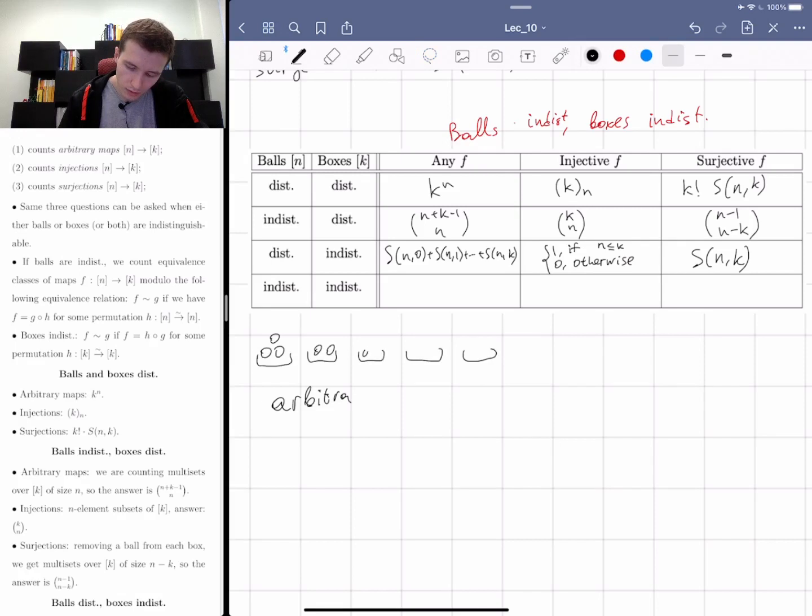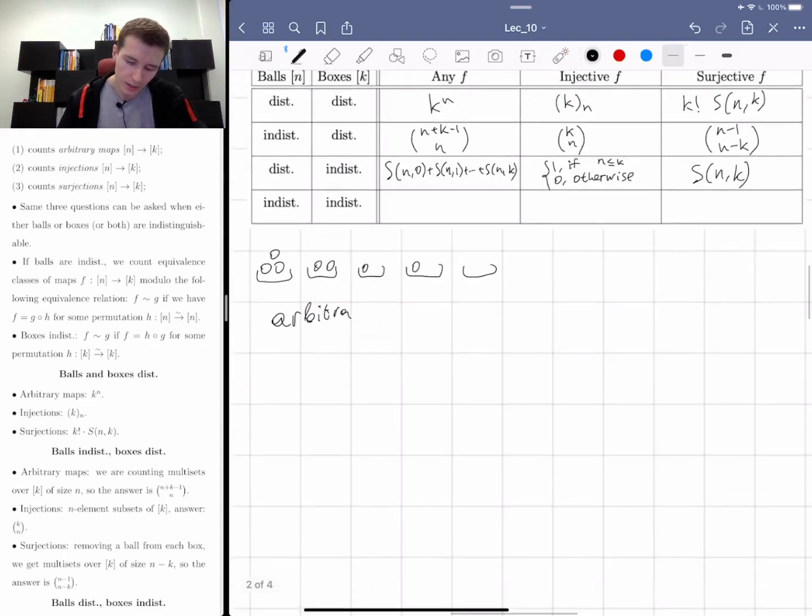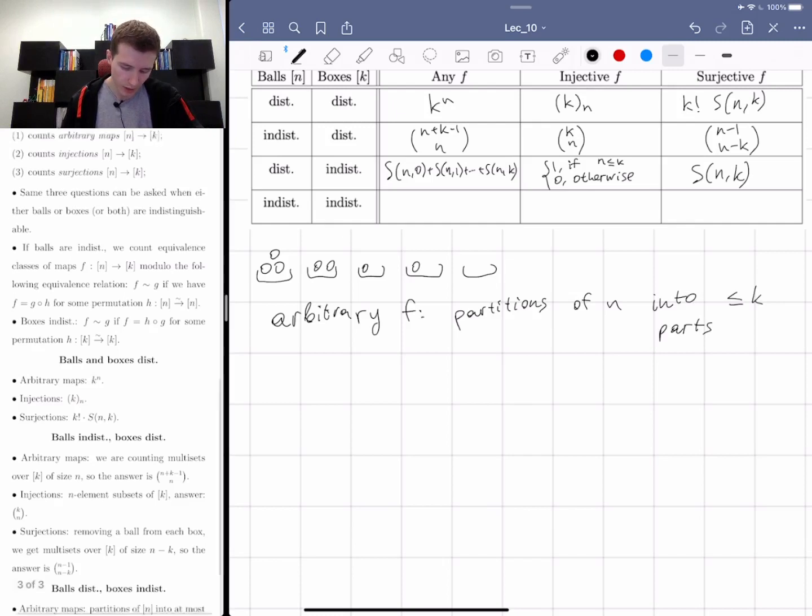So you can permute the boxes so that the order is weakly decreasing of how many balls in each box you have. And if you want to consider arbitrary f, then what happens is you get partitions of n into at most k parts.